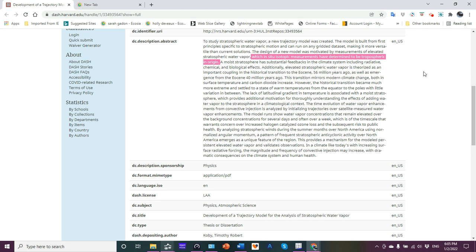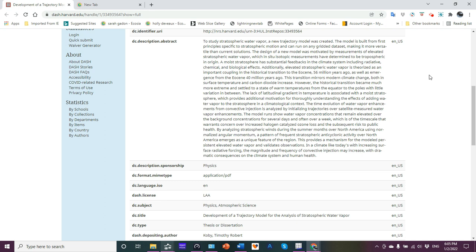In other words, water vapor is being moved from the troposphere to the stratosphere. That is extremely interesting. A moist stratosphere has substantial feedbacks in the climate system, including radiative, chemical, and biological effects.